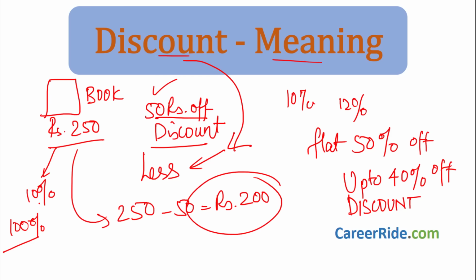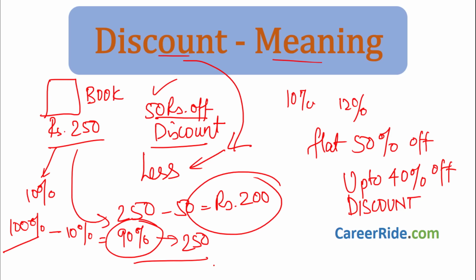Out of that, discount is 10%, so minus 10%, you will get 90%. So the price of the book now is 90%, and you just have to pay 90% of 250 rupees. Whenever they have given discount, you just have to remove that percentage from 100%, and that remaining thing is the price that you have to pay.